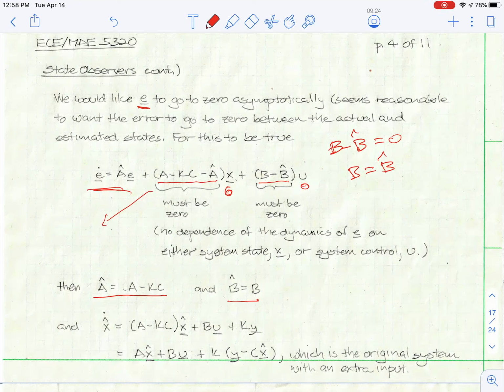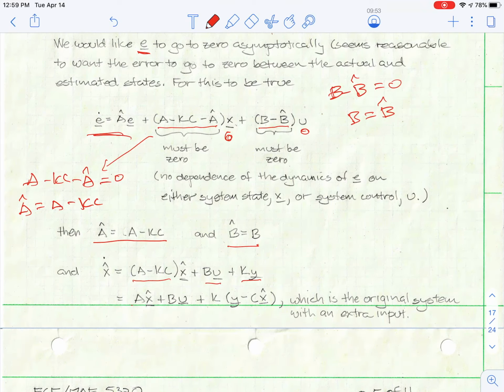And exactly the same thing for this: I've got A minus KC minus A hat equals 0, and I can solve for A hat equals A minus KC. Okay, so that's all I've done there. Now if I substitute this into my original equation for the observer, I substitute in A hat, and I get A minus KC plus Bu plus Ky.